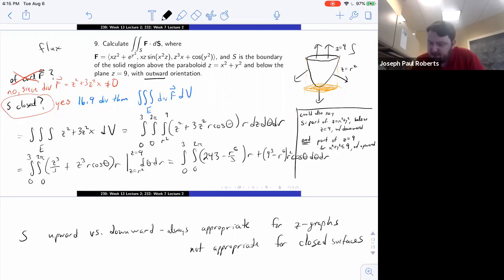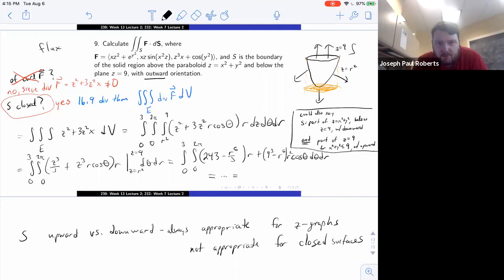At this stage, I gave this in a quiz during the semester where we emphasized more symmetry on triple integrals. We haven't done that so much this summer, so we probably wouldn't do anything like this, but it turns out that that theta integration 0 to 2 pi is going to kill that second term. So that second bit of nastiness over there, when you integrate cosine theta 0 to 2 pi, you're going to get 0.